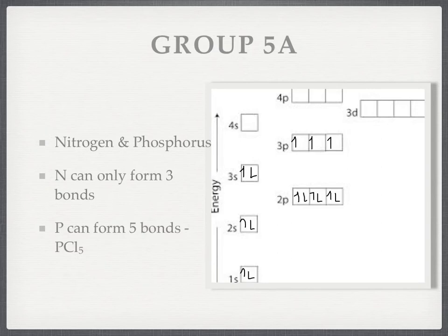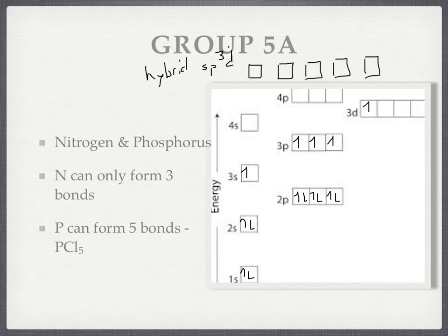Phosphorus, on the other hand, can actually at times form 5 bonds. So take a look at why this happens. This is phosphorus, and it's just 2 in the s, 3 in the p, but there's an available 3d level. And there wasn't an available level for nitrogen. There's no 2d. So what it can do is promote this electron up to here, and now you have 5 empty or half-empty orbitals.